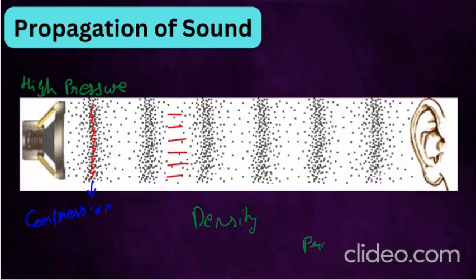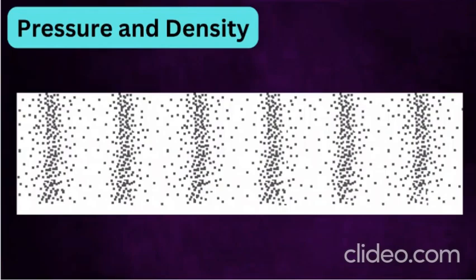When the sound waves travel through propagation, what happens? Pressure is higher in some parts, in the compression, and lower in others. So when the pressure is more, there will be more density. More density of particles in the medium gives more pressure, correct. If the density of particles is higher then the pressure is also higher, and if the pressure is higher then the density is also higher. So therefore, in compression we have more density and more pressure.